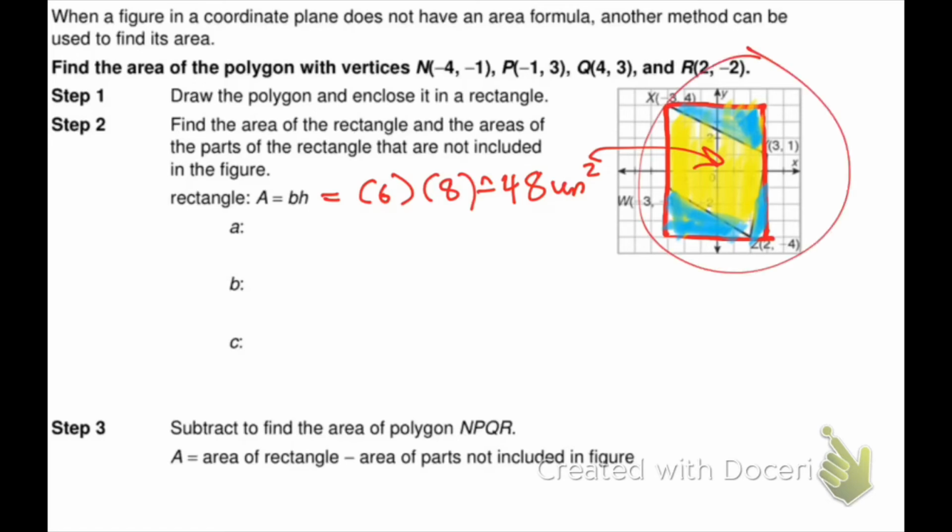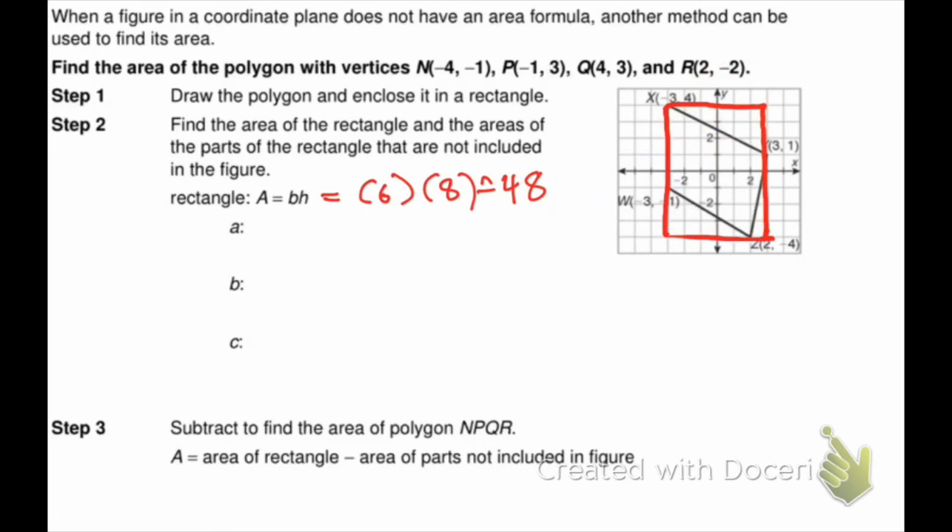So calculate the whole area, get rid of these triangles here, you'll be left with the area that you want. So let me calculate those individual triangles here.